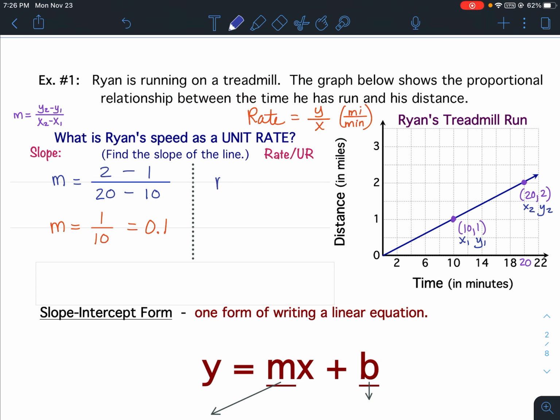Okay, so for the slope, for the rate, I'm going to pick a point. Let's pick this point here.